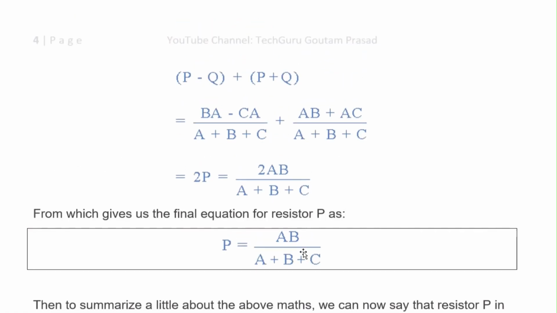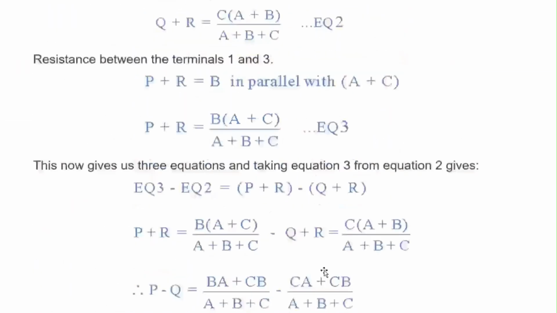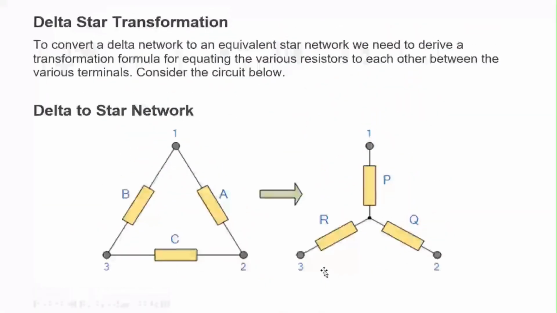P is equal to AB divided by A plus B plus C. Remember this one. P is the resistance of the star connected network.